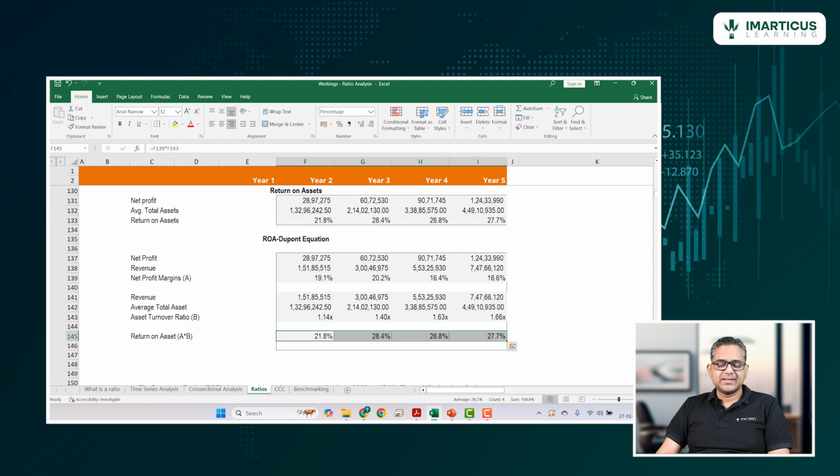Clearly, it is the asset turnover ratio. Asset turnover ratio is increasing significantly, which is resulting in the ROA going up. So it's a good sign. Company is able to generate more revenue, more profits using its total assets.